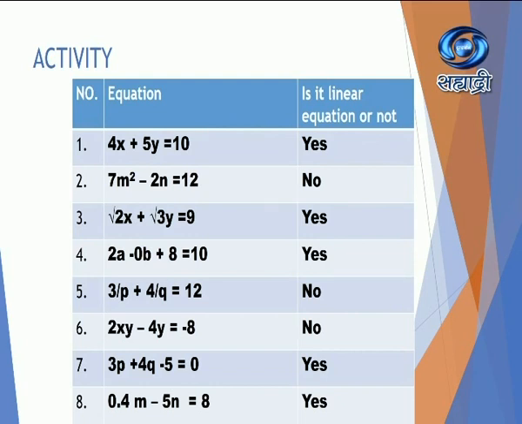The sixth one is 2xy - 4y = -8. Again, it is not a linear equation. 3p + 4q - 5 = 0. Absolutely matching with the general form, it is a linear equation. 0.4m - 5n = 8. This is also a linear equation.